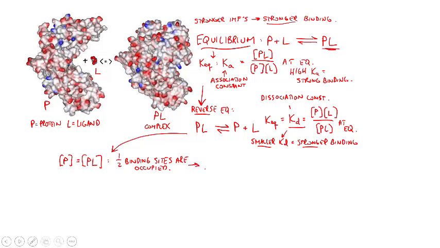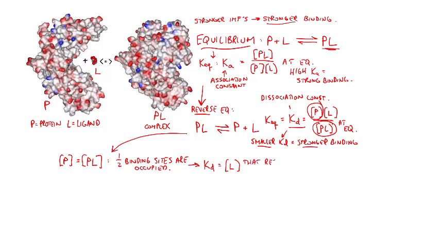If you plug these into your expression for Kd, the protein and complex terms cancel, and Kd is equal to the concentration of free ligand.